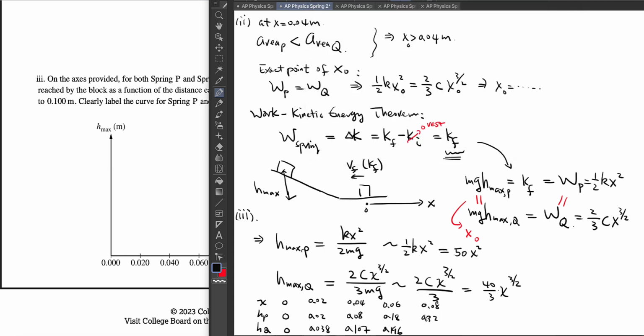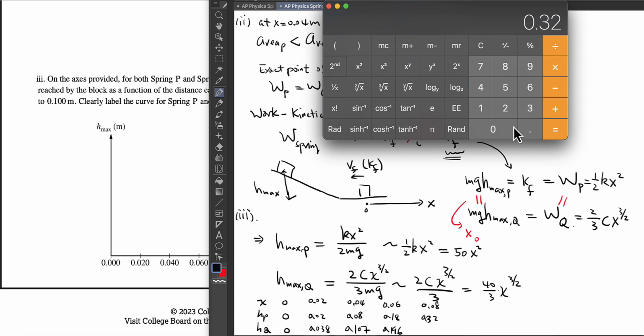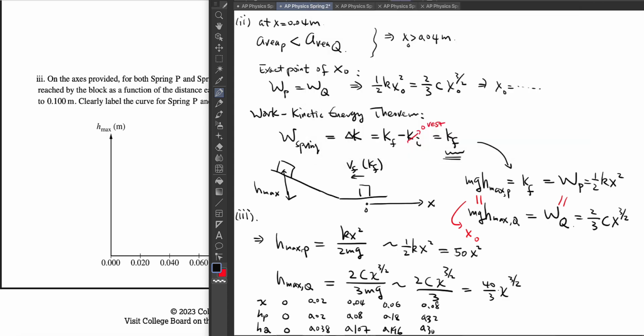I want to see the transition from HP less than HQ to HP greater than HQ, so let's find the transition first. Now let's calculate 0.08 for HQ. Yeah, now we see the transition, it's 0.302. So now you see HP is greater than H max Q.